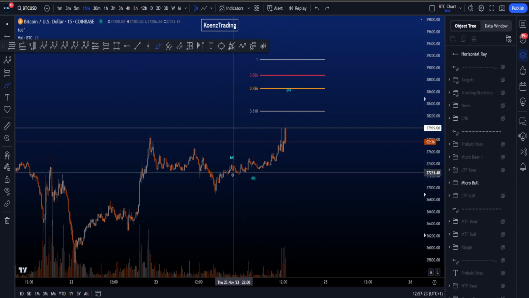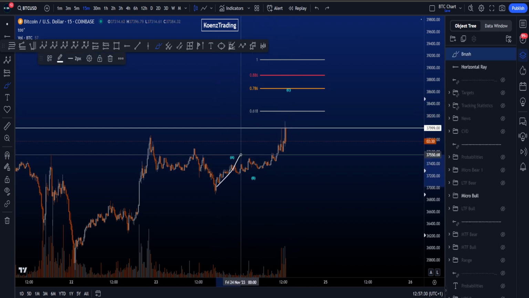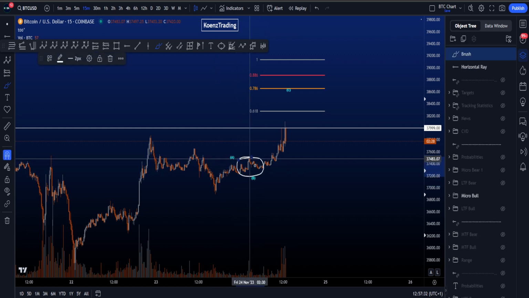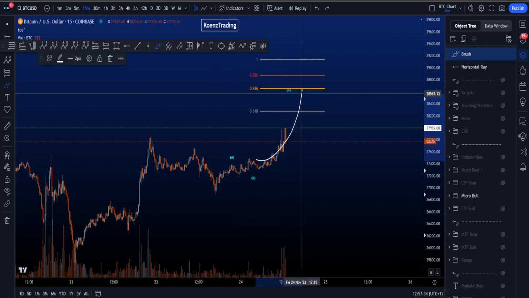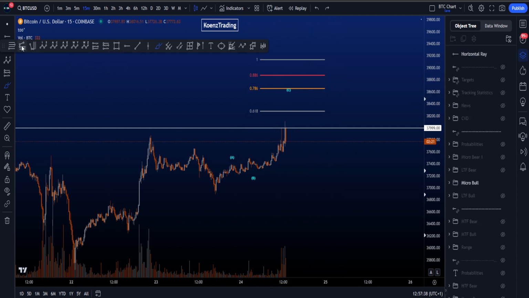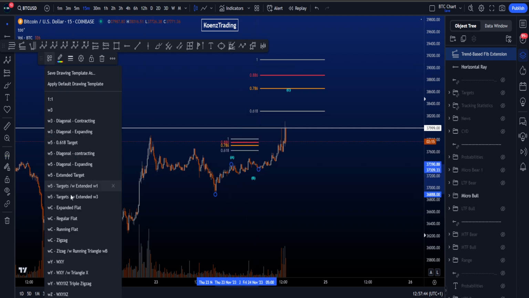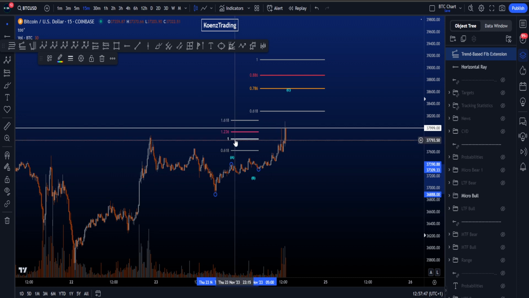If we then look at this scenario to the upside, we need an ABC here with a very extended wave C to the upside, relatively short A, then we have a bit of sideways action in a wave B, looking then for a wave C to the upside, where again you want to see this target area being reached. It does mean that this wave C, as mentioned, has to go pretty high, right? The common target for a wave C is between the 1 and the 1.236, which already has been hit, right?